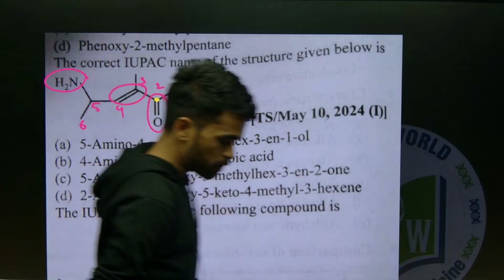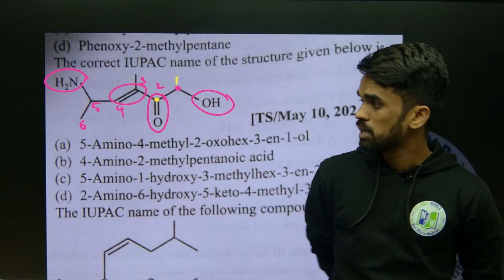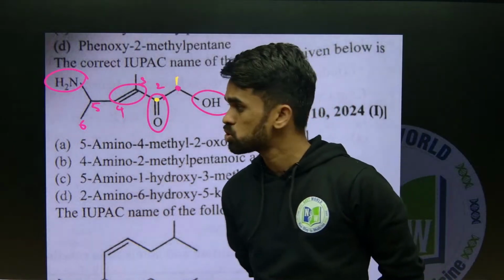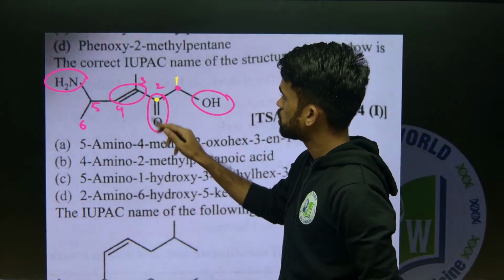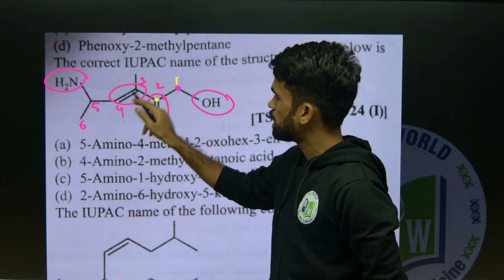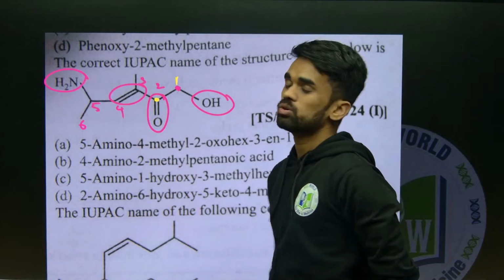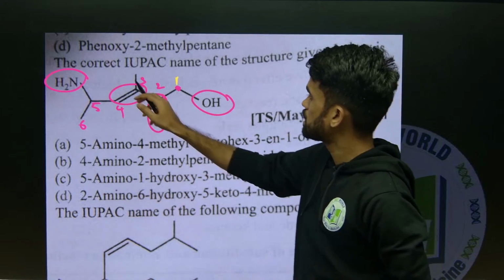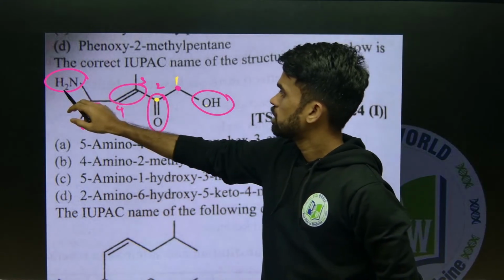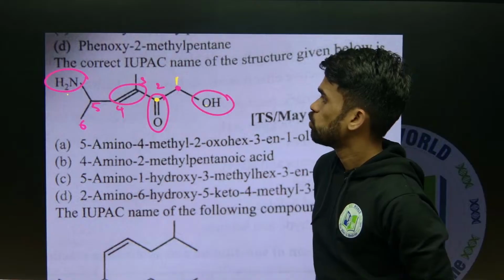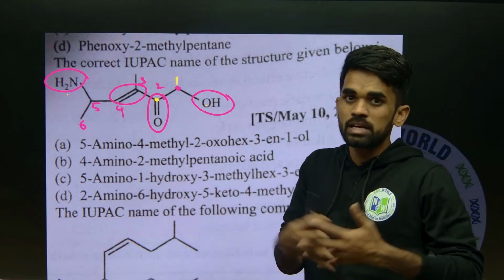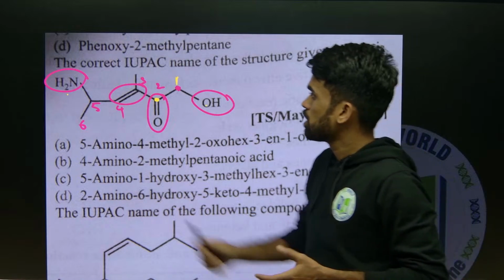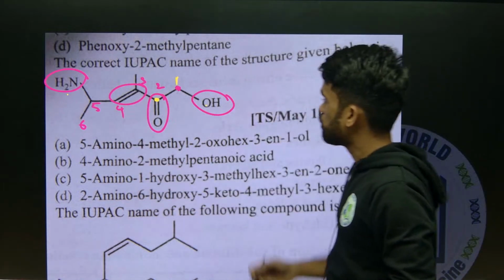That's it, over. We are almost done with the question. If you give proper numbering, then half of your question will be almost over. Next, what to do here? See, at the second position ketone, third position we have a methyl group and a double bond, and here amino. So based on this, methyl, hydroxy and the next amine, which is lowest priority based on alphabetical order? Amine, A comes first, so 5 amino.